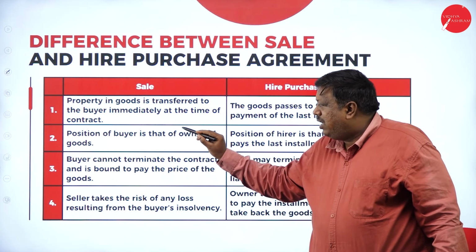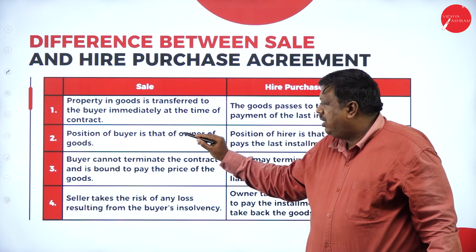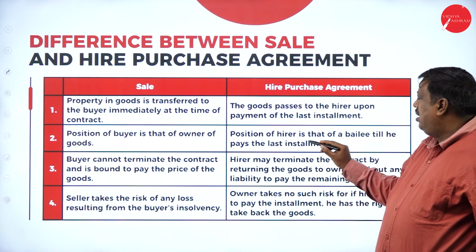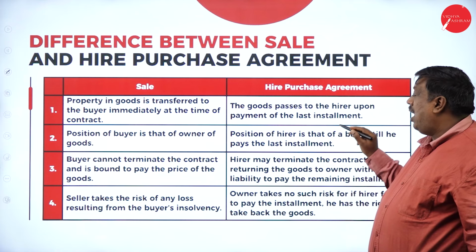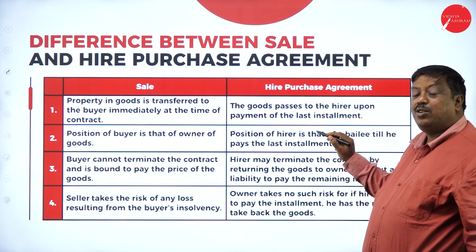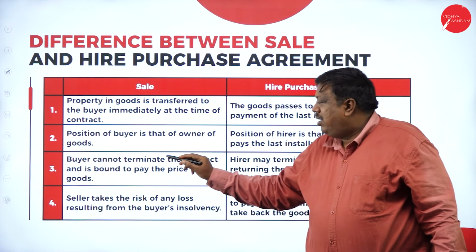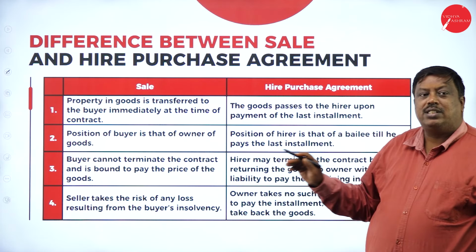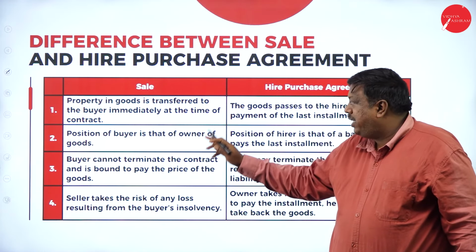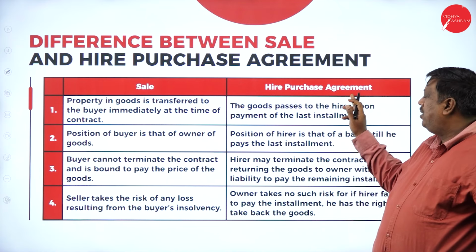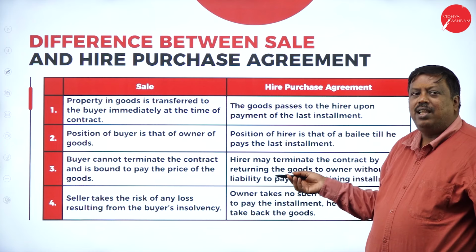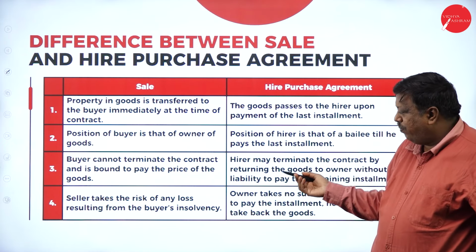The position of the buyer is that of owner, but here the bailee, after making the last payment, is going to become the owner. Here, the buyer cannot terminate the contract in the concept of sale, but in the concept of hire purchase, the buyer can cancel the contract if he doesn't want to continue.